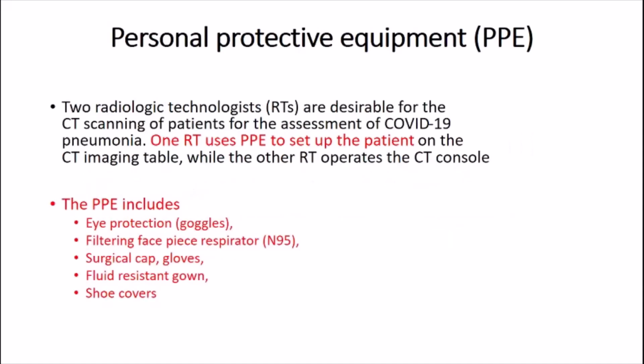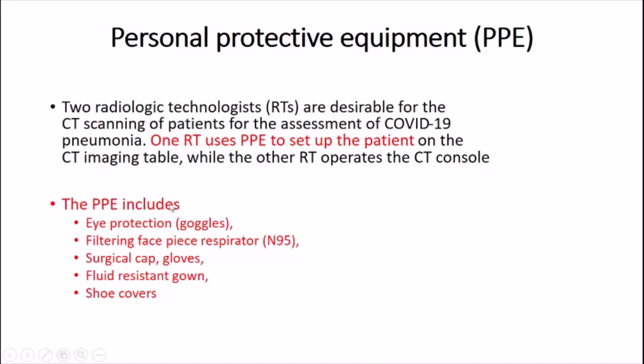What they suggest is that we need two technologists. One is operating the console and the other is with the patient, setting up the patient on the CT scanner table. The one who needs personal protective equipment is the one in the CT scanner room, and we will call him radiology technologist number one.